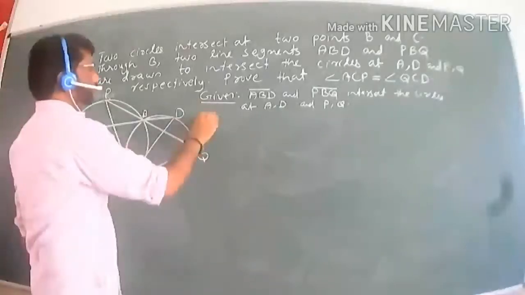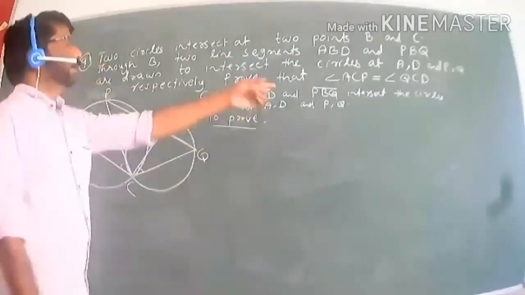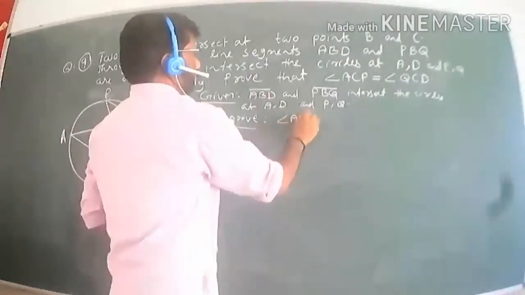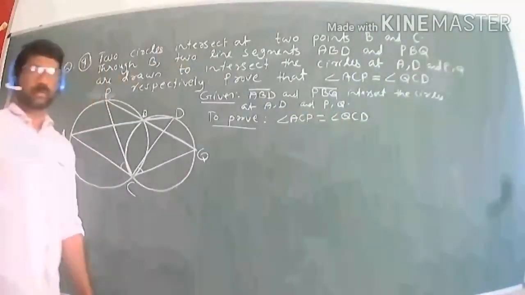To prove: angle ACP is equal to angle QCD. This thing we have to prove.